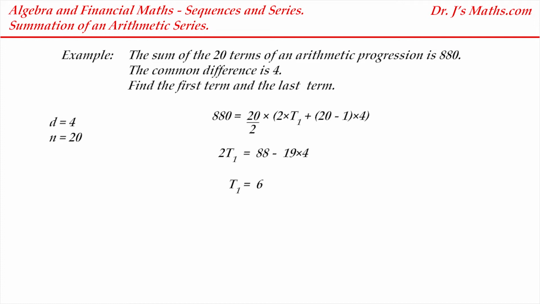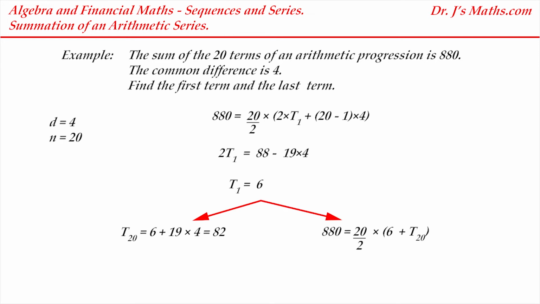Now you can go either of two ways here, doesn't matter. Either you can use your nth term and say that T20 is equal to the first term, 6, plus 19 times 4, which is 82, or you can say the sum of n terms is 880 is equal to the number of pairs, 20 over 2, times the first term, 6, which we just found, plus the last term, T20.